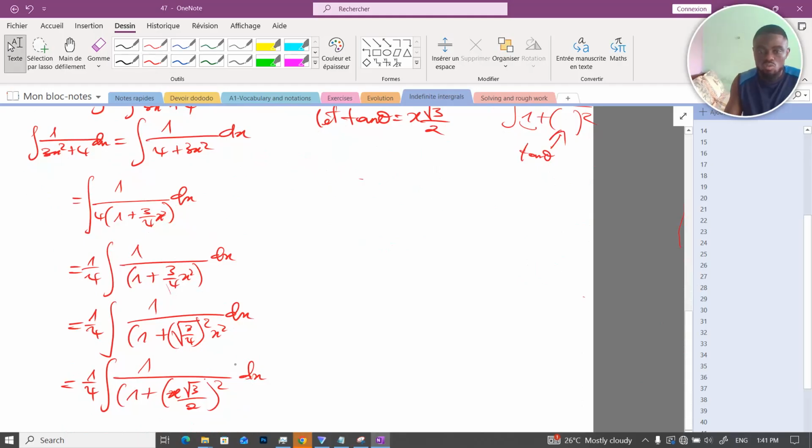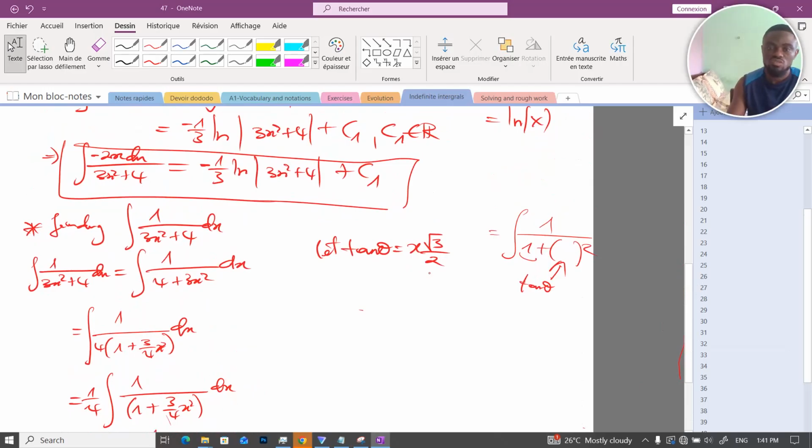And what of the dx? To find the dx, we simply differentiate this implicitly. The derivative of tan theta is sec squared theta, or 1 plus tan squared theta. Since I differentiated with respect to theta, I will have d theta here.